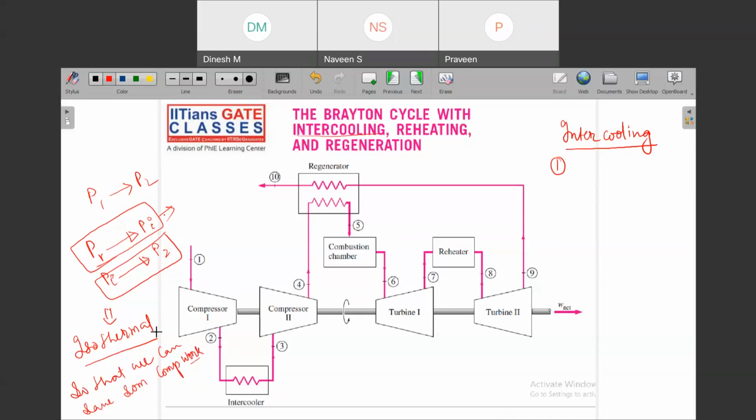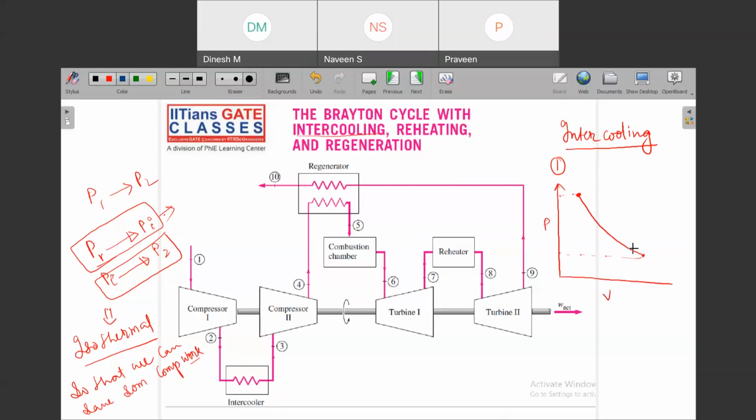If you are intercooling, then let me help you understand it with respect to the PV diagram. Let us say that you were at point 1 and you are trying to compress it to P2. So this is without intercooling. This is your pressure axis, this is your volume axis.